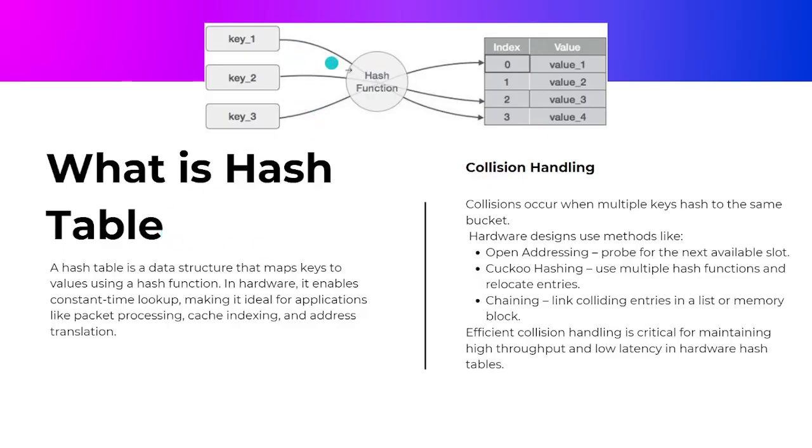Now what happens is that when you try to do this, there is a small probability that multiples of these keys would go into the same index element, and therefore they all want to go here. Let's say they all want to go to 0, or they all want to go to 2 or something like that. When this happens, we call this a collision.